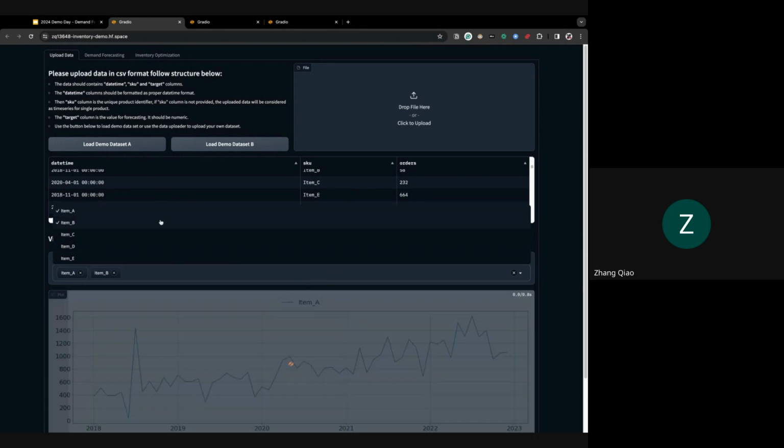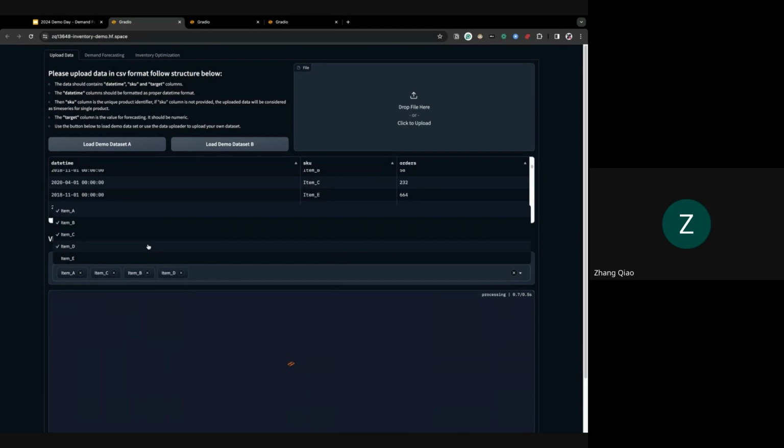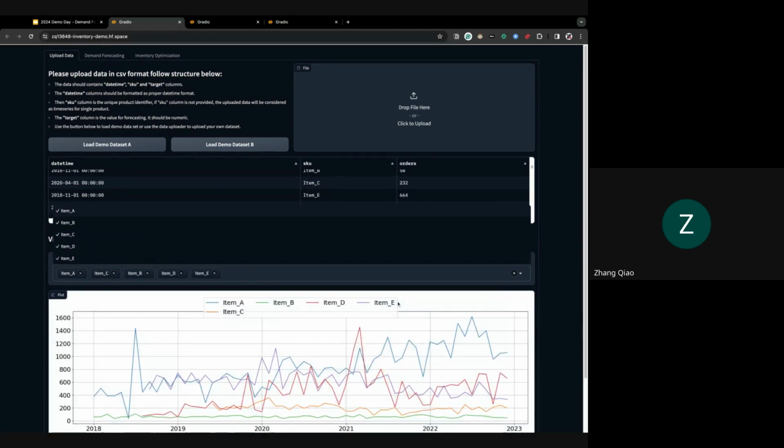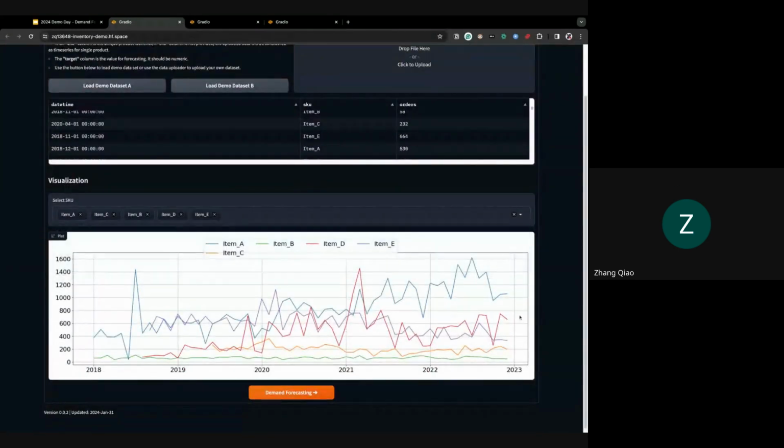So we can do a quick visualization of the historical data. These are the recorded historical ordering data on these 5 items. And once we have all the data collected and passed into the engine, we can start to do the demand forecasting.